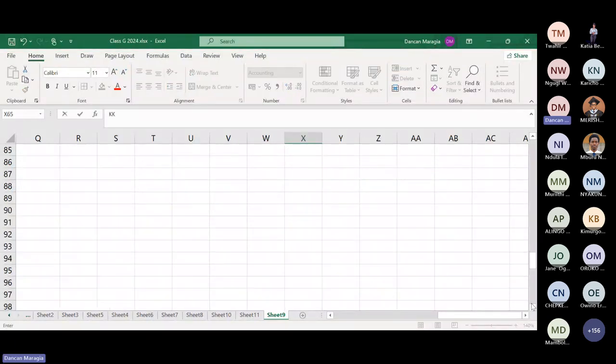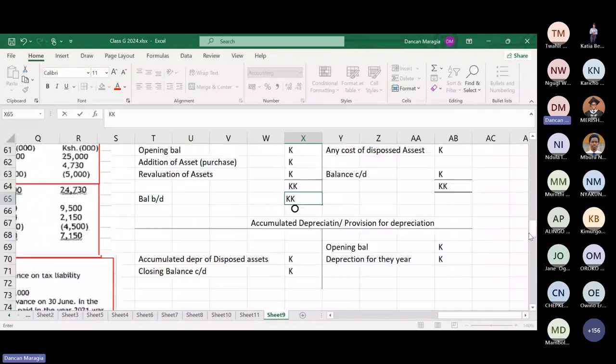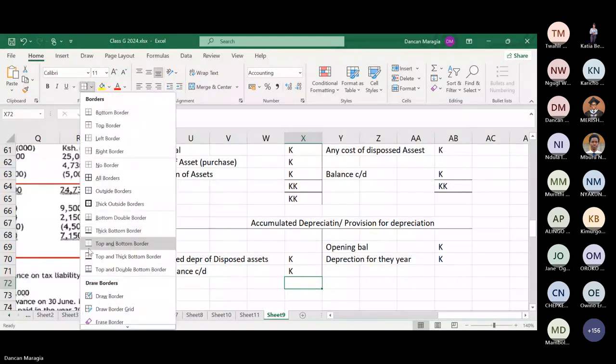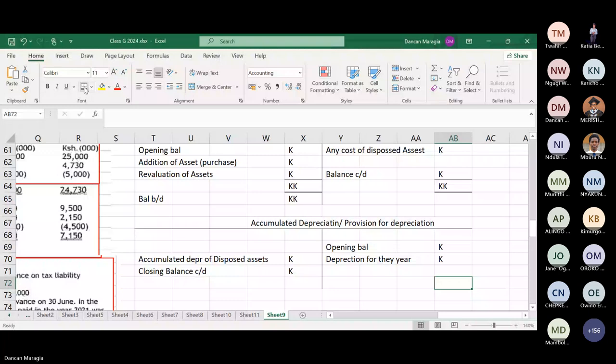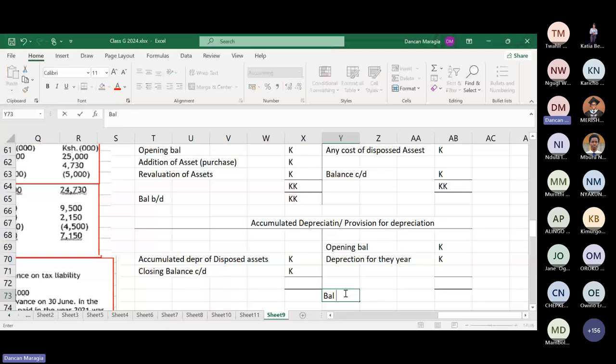And this one will also be balance brought down, which will also go to the trial balance.